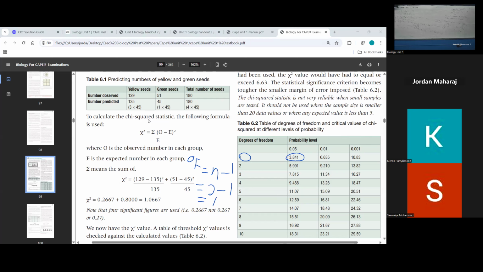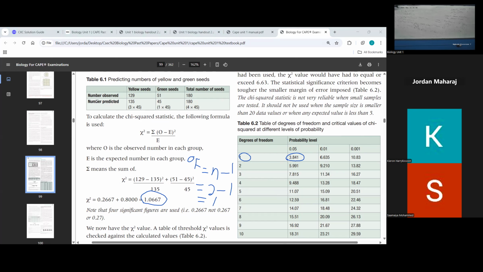And so remember, our chi-square value was 1.0667. The probability level we're working with is 3.841. Which one is less? Our chi-square value or the probability level? The chi-square value.